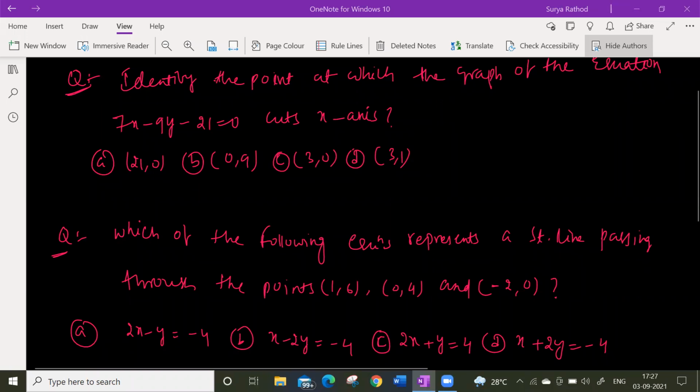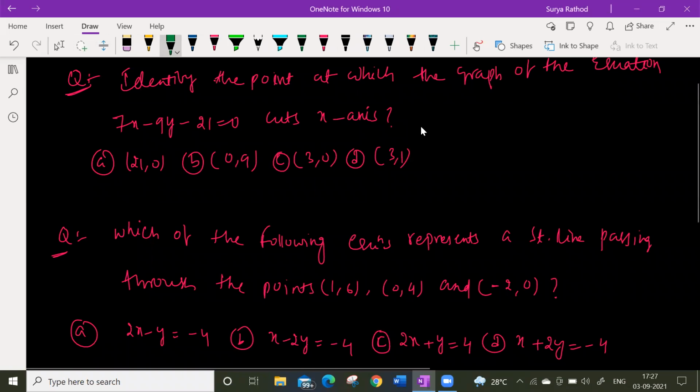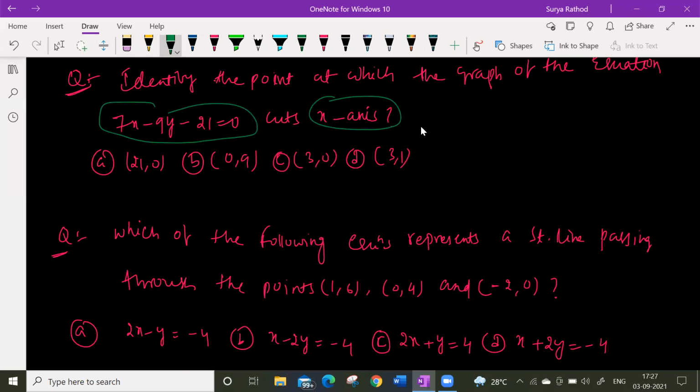Identify the point at which the graph of the equation 7x minus 9y minus 21 is equal to 0 cuts the x-axis. Cutting the x-axis means what?